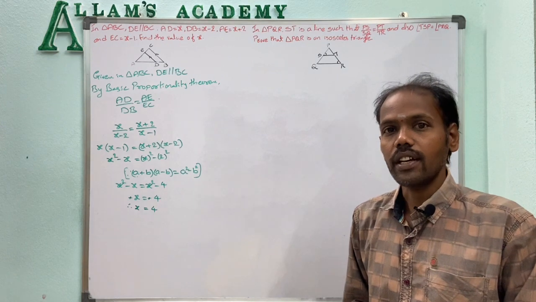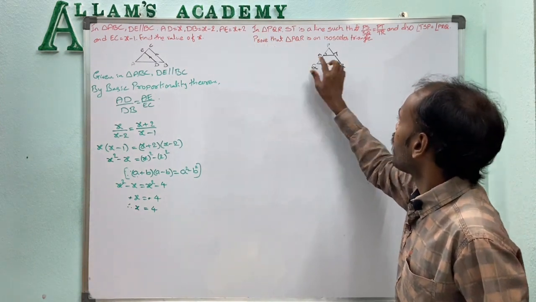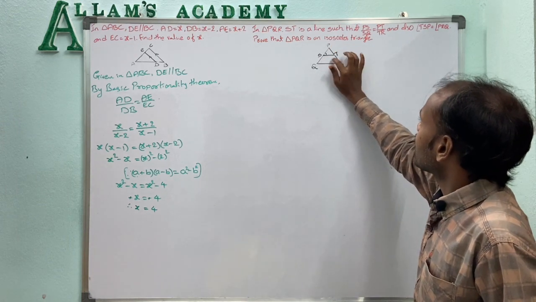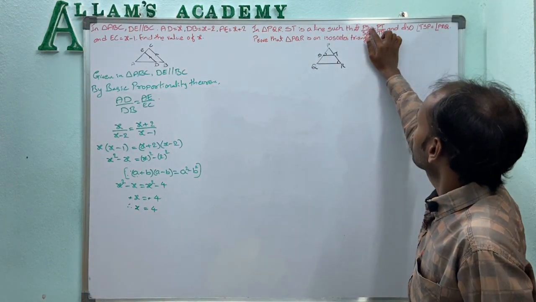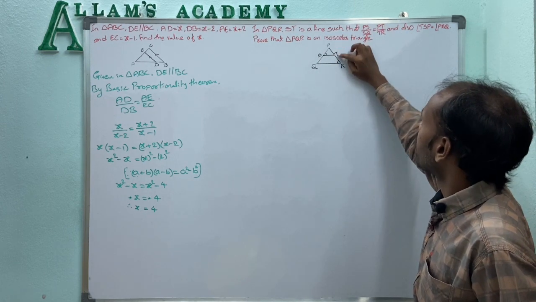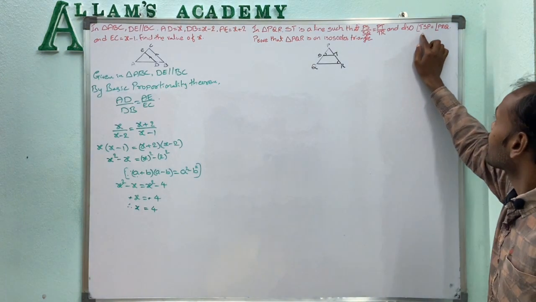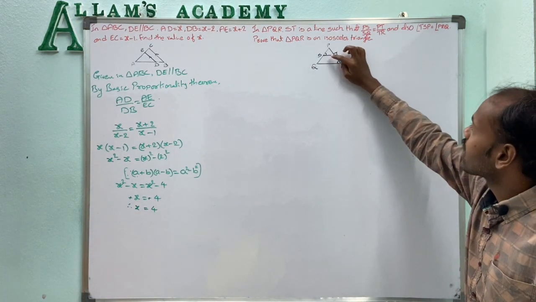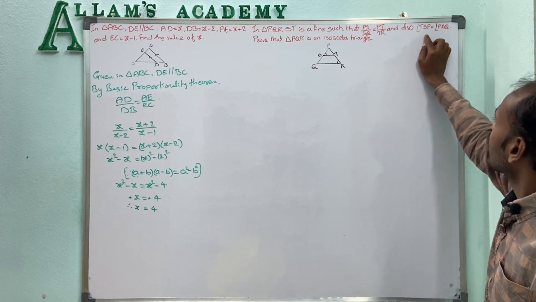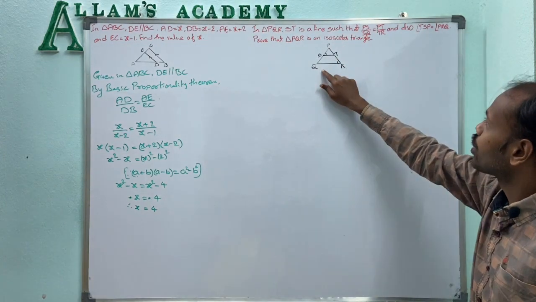Okay. Now the next problem says, in triangle PQR, ST is a line such that PS by SQ equal to PT by TR, and also angle TSP equal to angle PRQ.